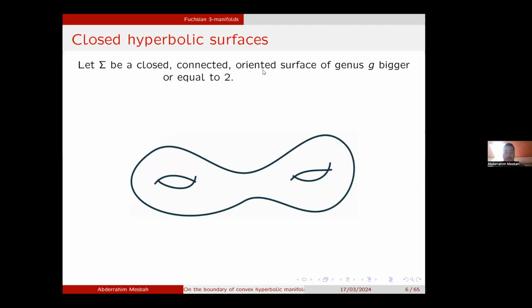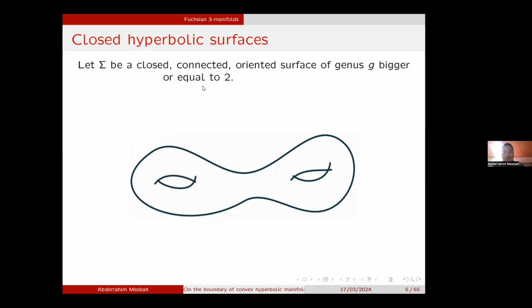We know that the sphere can be endowed only with a spherical metric, that is a metric that has curvature equal to 1. We know that a torus can be endowed with a metric that has constant curvature equal to 0, a flat metric, and the other surfaces can be endowed with a hyperbolic metric, that is a metric that has constant curvature equal to -1.